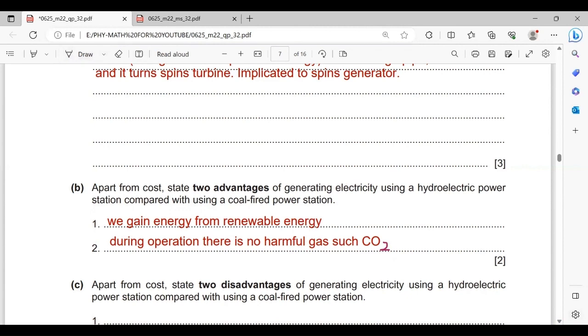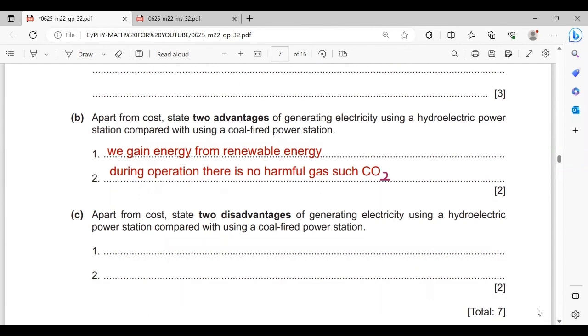Okay, and next, C. Apart from cost, state two disadvantages of generating electricity using a hydroelectric power station compared with using a coal-fired power station.